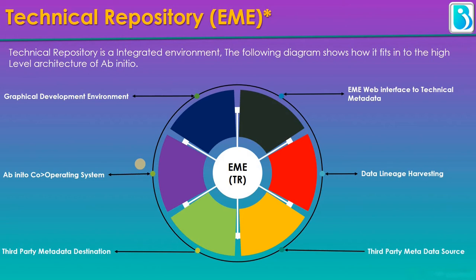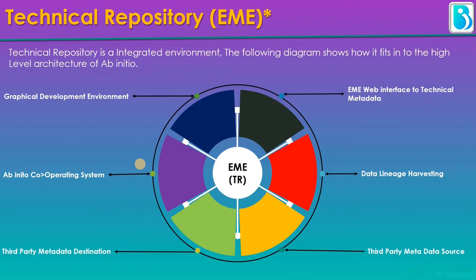And for data lineage harvesting, we can import the data lineage from Metadata Hub by connecting to the EME repository. It can also act as a data source and a metadata destination for third-party tools.